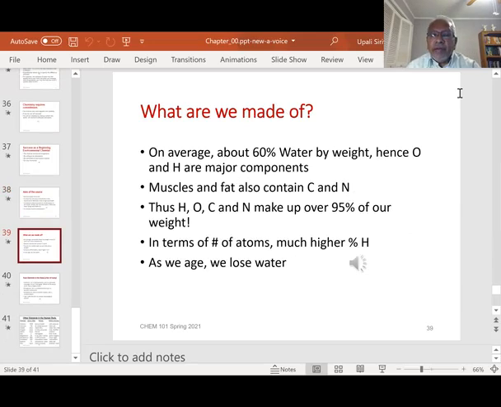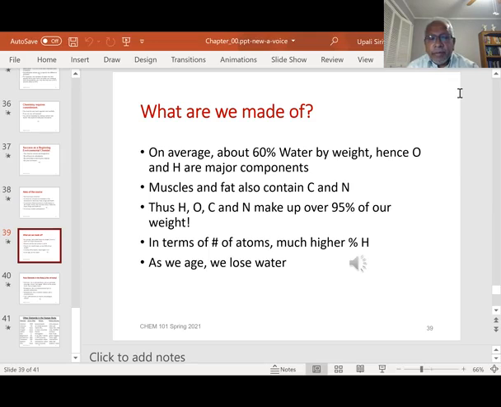Like we said, we are made out of substances which are composed of atoms, molecules, and ions. On average, we are 60% water by weight. Hence, our major components are oxygen atoms and hydrogen atoms, or elements. Muscles and fats contain carbon and nitrogen, in addition to oxygen and hydrogen. Muscles are proteins, fat is fatty acids.